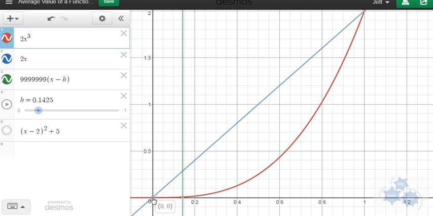The other car has a speed of 0 and then instantaneously jumps to something just barely above 0. And then it's still going pretty slow, and then it speeds up very rapidly towards the end of the trip, until it gets to its destination. What would the average speed for this one be? Would the average speed be greater than 1/2, equal to 1/2, or less than 1/2?